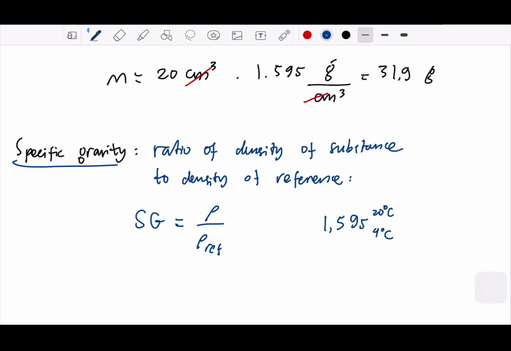Okay. Our density or our specific gravity is at 20 degrees. Sometimes we write like this, but I think it's more traditional, conventional. Usually in our textbook, we just directly write without any dimension, specific gravity.